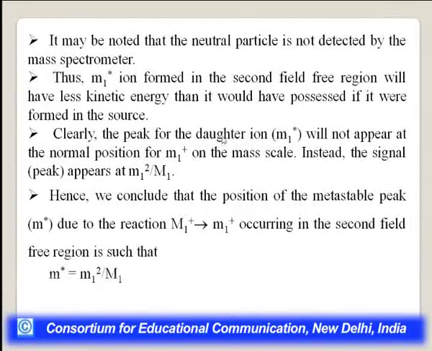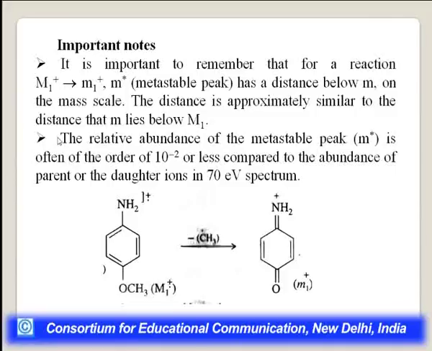Clearly, the peak of the daughter ion will not appear at the normal position on the mass scale. Instead, the signal will appear at this value. Hence, we can conclude that the position of the metastable peak due to this reaction, that is parent ion converted to daughter ion occurring in the second field free region, generates a metastable ion, and this will have this value.